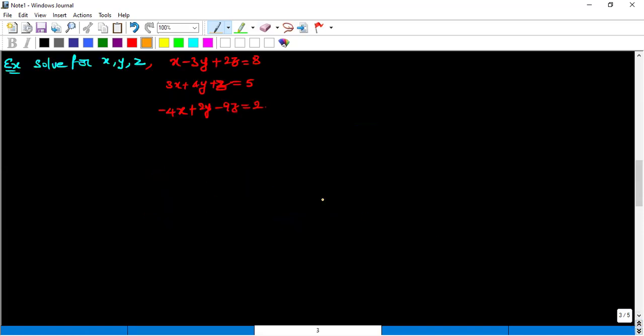Let us try to understand this with the help of a small example. They have given three equations and we want to find the x, y and z values. First, we need to find delta. Write the coefficients of x, y, z: 1, minus 3, 2, 3, 4, 1, minus 4, 2, minus 9. If you find delta for this, you get 1 into (4 times minus 9 is minus 36, minus 2) minus 38.